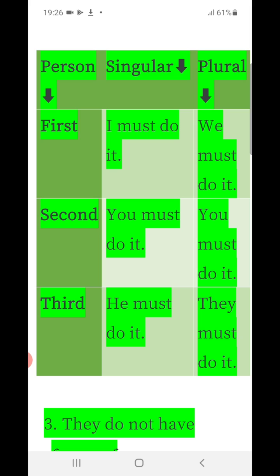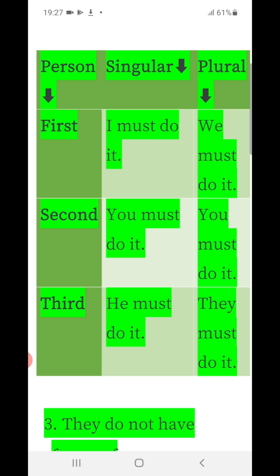So same over here. Next, plural form. Students, suppose you are addressing a group of people, then also you have to address them with the word you only.